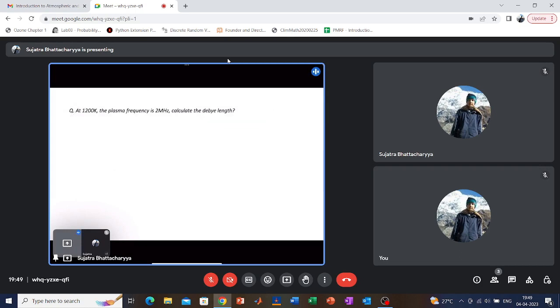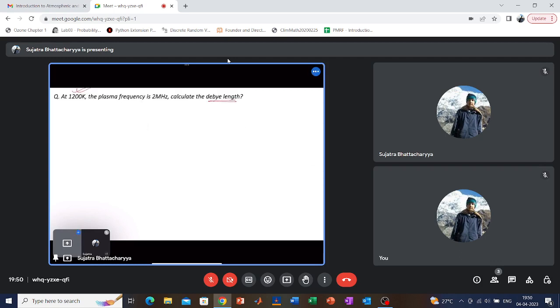Okay, the last question here is, at 1200 Kelvin the plasma frequency is 2 megahertz. Calculate the debye length. Well, temperature is given. What more is required to calculate debye length?